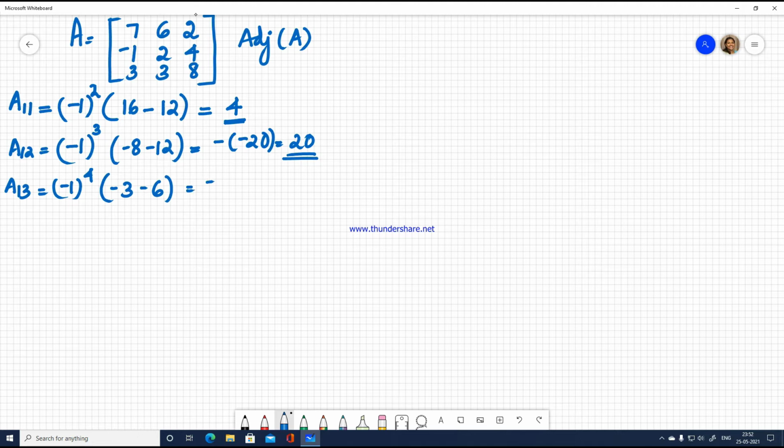So it is -9. Now A21: you cover this particular column and row, with (-1) raised to 3.